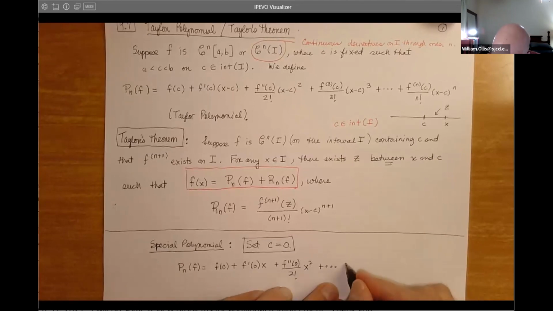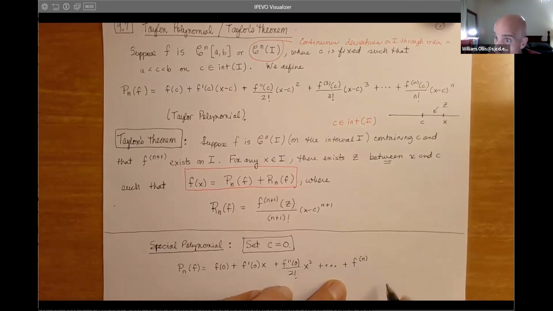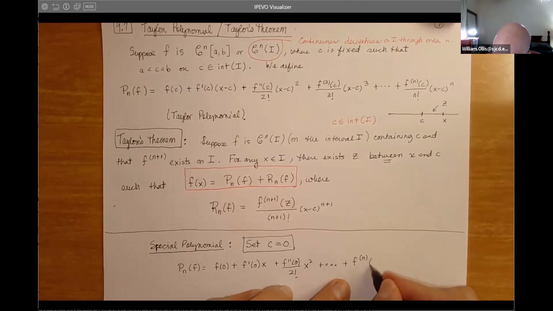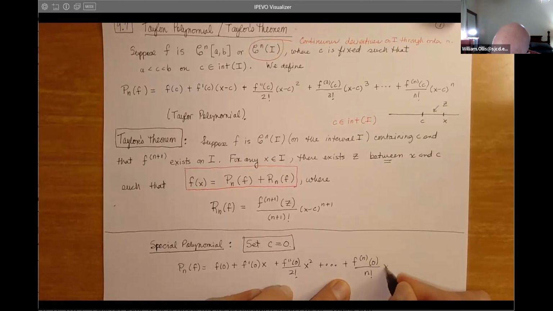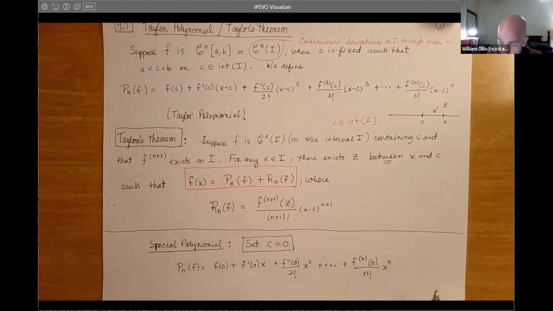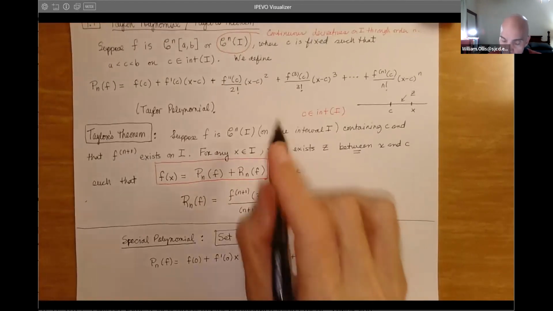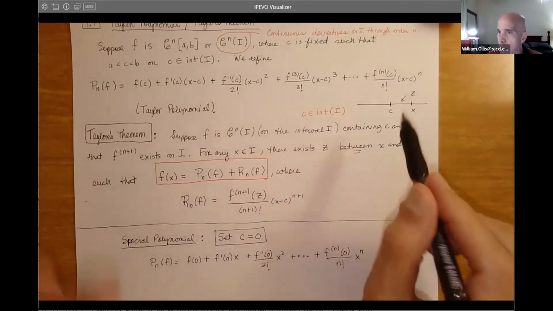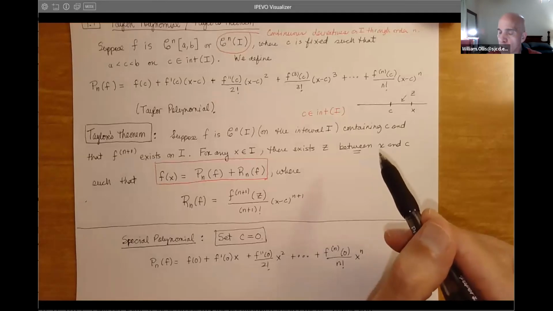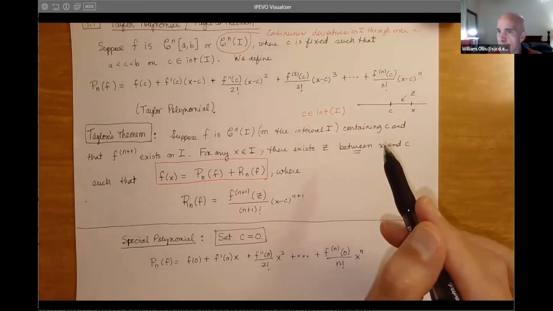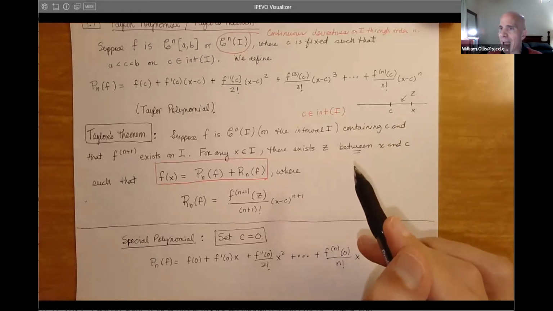And then the last term, of course, will be the nth derivative evaluated at 0 divided by n factorial x to the n. So this polynomial takes up a lot of our time. Of course, depending on the type of problem you're doing, you may choose a particular c to help out with the algebra.